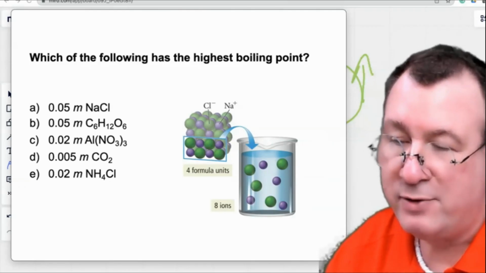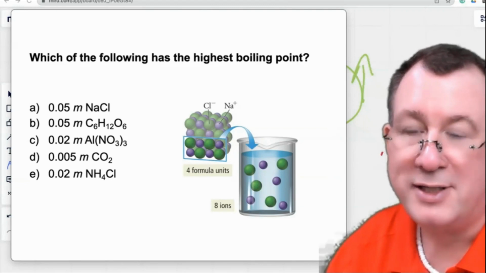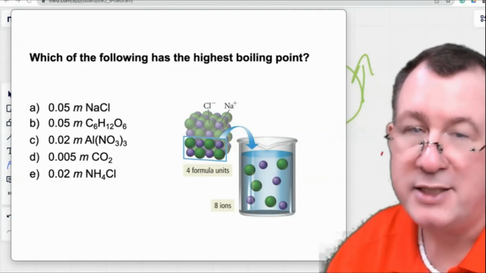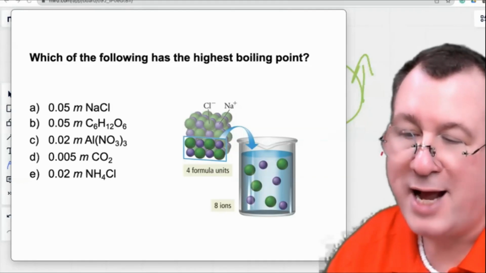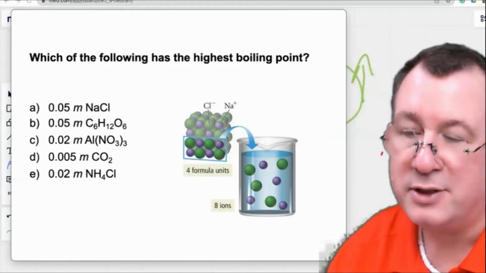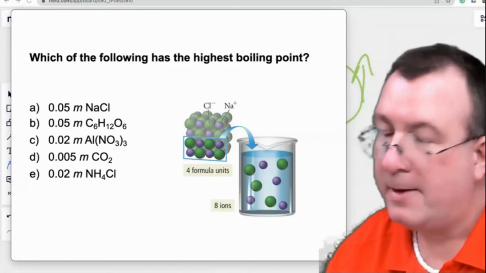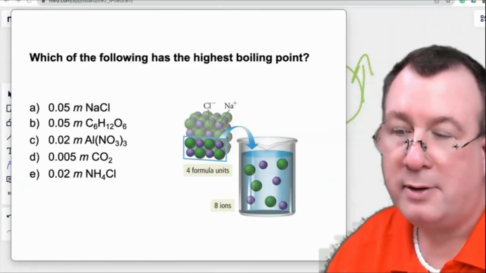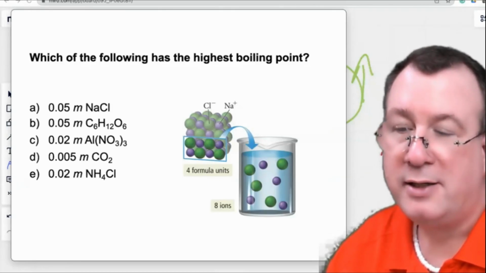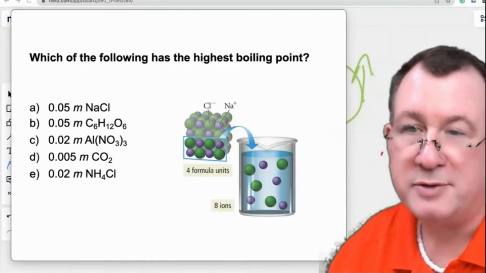If I throw 0.02 moles of aluminum nitrate in solution, nitrate is, remember, acetates and nitrates, totally soluble. If I put 0.02 molal of aluminum nitrate in solution, what's the molality of my particles in there? Aluminum nitrate, those nitrates are polyatomic particles, and the aluminum's a particle.